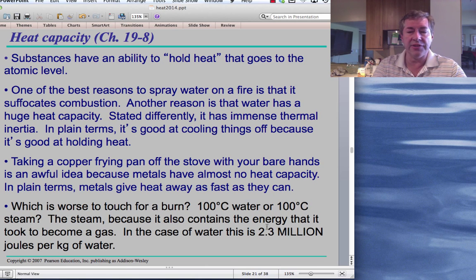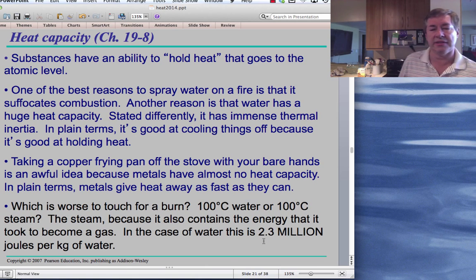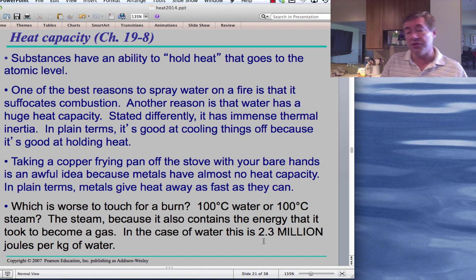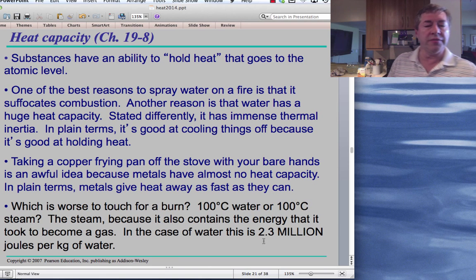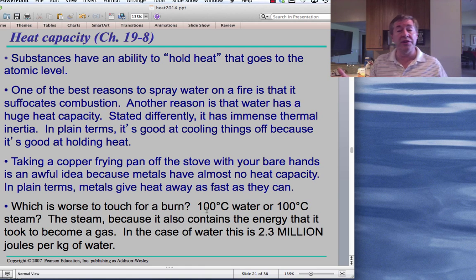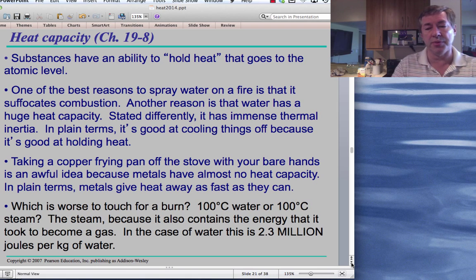In fact, in the case of water, you might be amazed at this, I'm kind of amazed: if you have just 1 kilogram of water, it takes 2.3 million joules simply to convert it, even without changing the temperature, from liquid water at 100 C to water vapor at 100 C. That is an enormous amount of heat that just went into what? Breaking up the liquid. That must be what we would call the heat of vaporization.